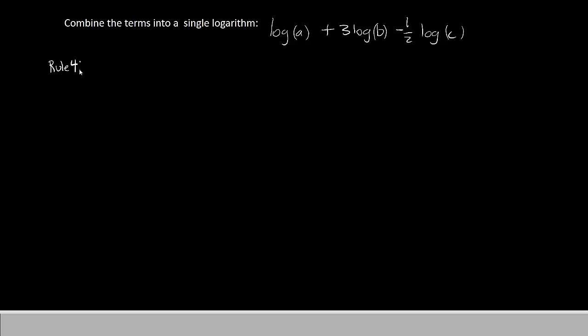I'll call it rule 4. The numbers that are in the front can be moved into the exponent position, so that the 3 in front of the log b can move into the exponent, and this 1/2 next to the log c can move into the exponent.